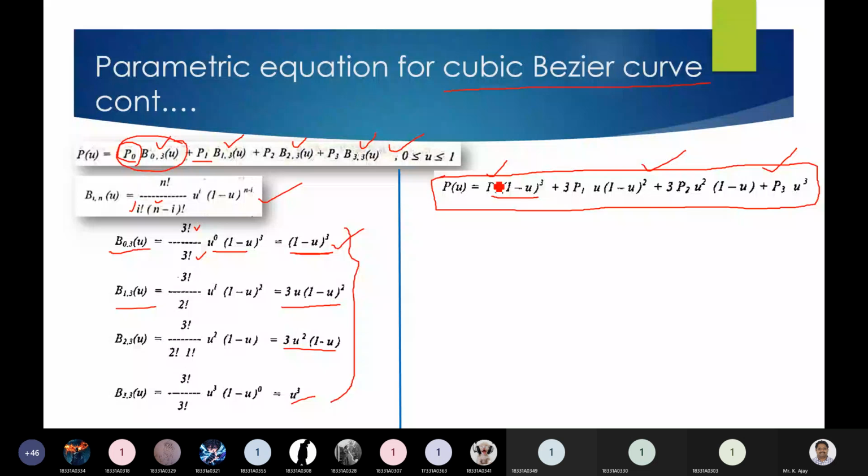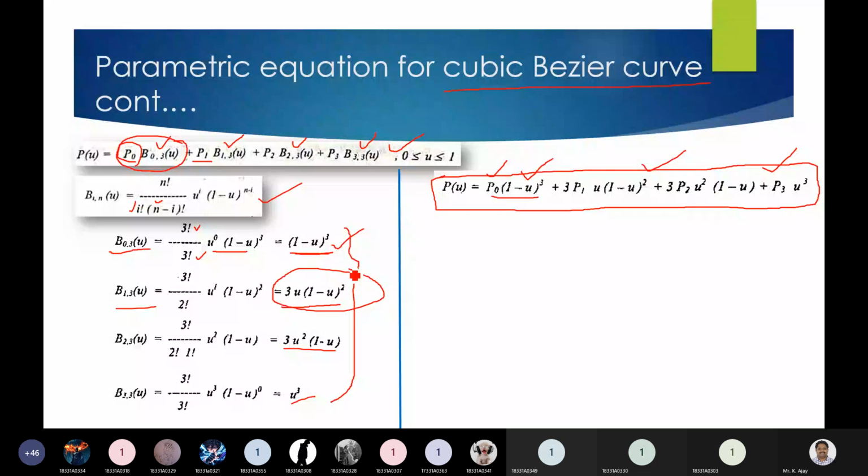Now the coefficients of P naught, P1: 1 minus u whole cube, and 3u into 1 minus u square. Look at this. This is the second coefficient. This is the third coefficient. This is the fourth coefficient.